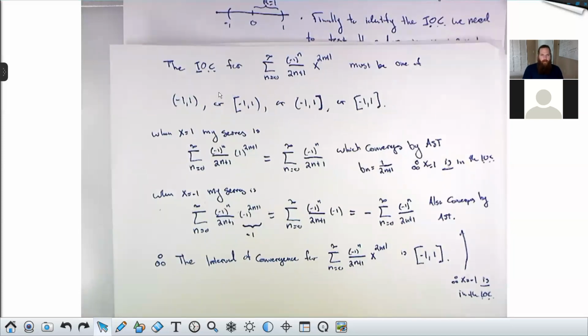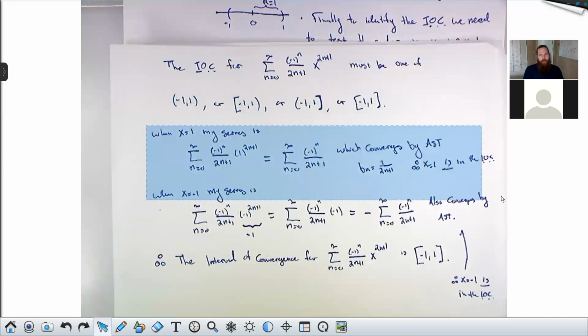So if my question is, which one of these guys do I use? I learned that 1 and -1 both need to be in the interval. This is the only guy that contains both 1 and -1. This guy contains 1 but does not contain -1. This guy contains -1 but does not contain 1. This guy contains neither -1 nor +1.